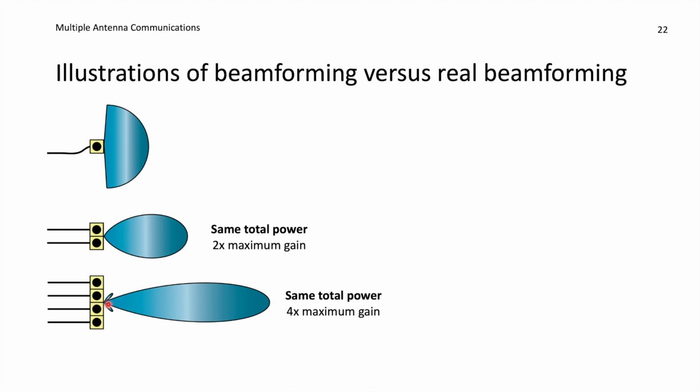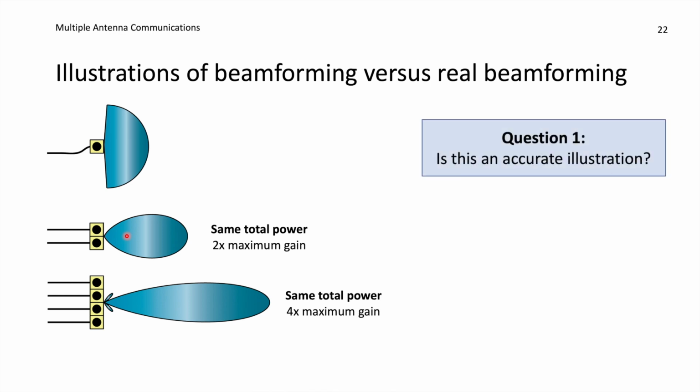The shape here is what we call a beam, and we have the same total power in all of the 3 cases here. This example is showing how you form a beam in the phi angle 0, but by varying the phi angle and computing the corresponding phase shift for different antennas, you can direct your beam in other directions.